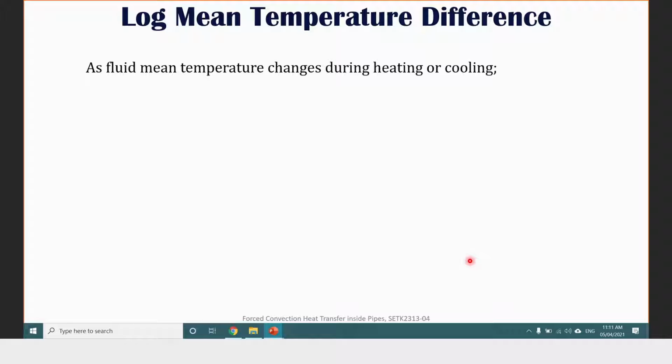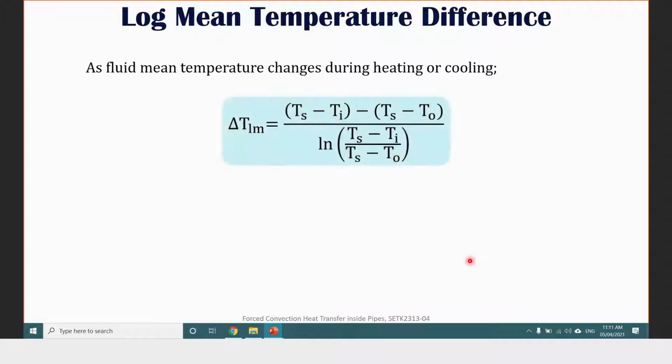That is why we need to consider the log mean temperature difference. We calculate it using the surface temperature, because we are considering the temperature change at the surface: (Ts minus Ti) minus (Ts minus To), divided by ln of (Ts minus Ti) over (Ts minus To). This is one way to calculate the fluid mean temperature.